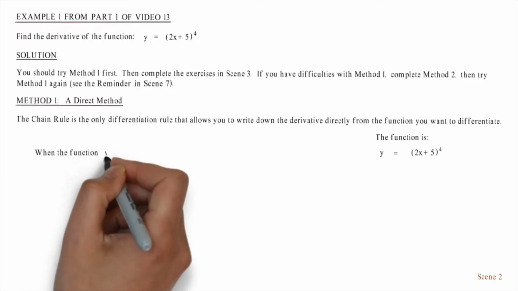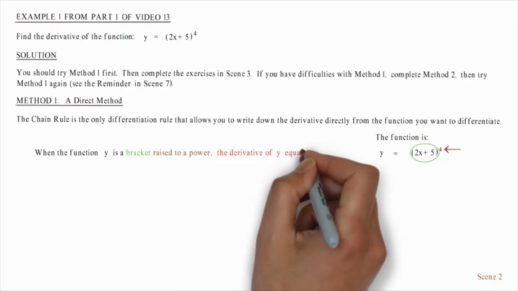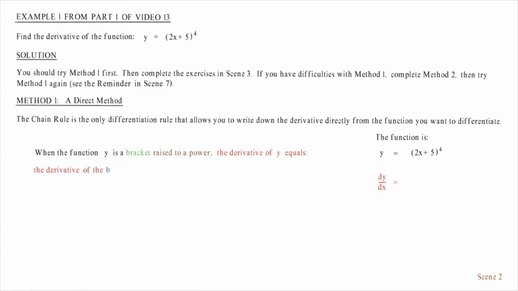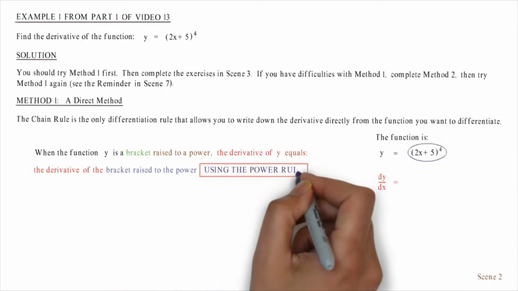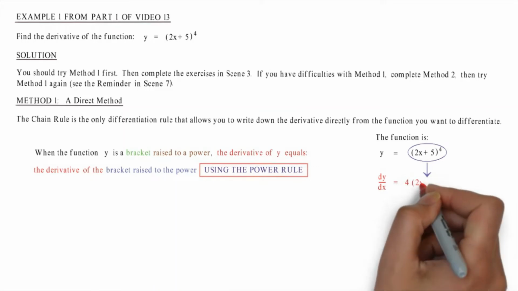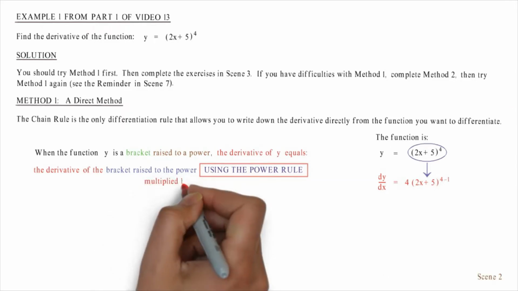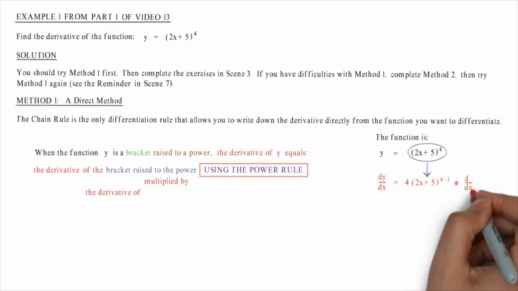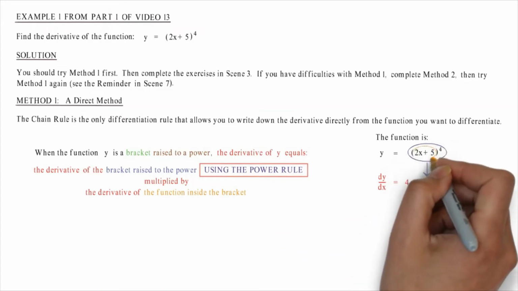When the function y is a bracket raised to a power, the derivative, dy by dx, equals the derivative of the bracket raised to the power using the power rule, which is 4 into (2x plus 5) to the 4 minus 1, multiplied by the derivative, d dx, of the function inside the bracket, which is 2x plus 5.